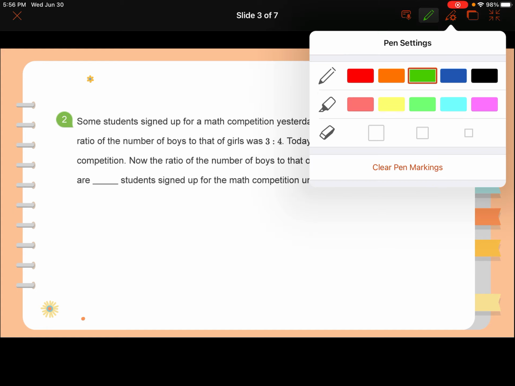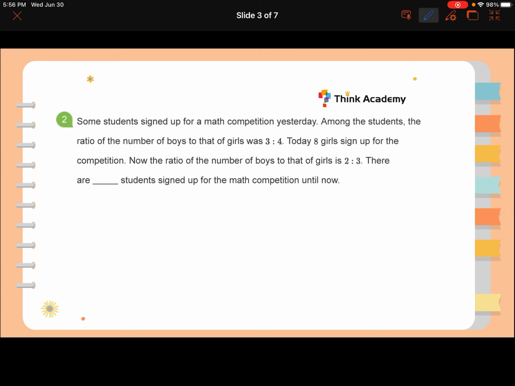So again, we have a ratio question. And for the ratio question, we always find the values that are the same, and we try to make the number in the ratio the same by finding the least common multiple. So at first, the ratio of boys to girls is 3 to 4.